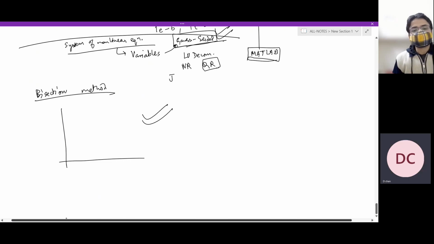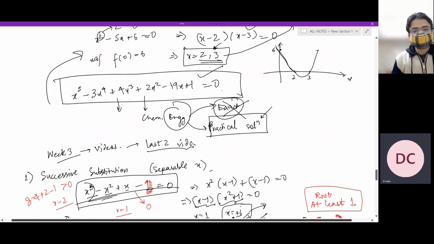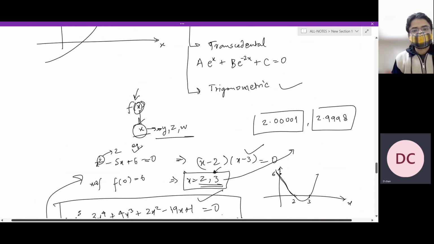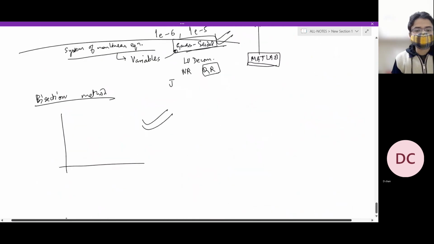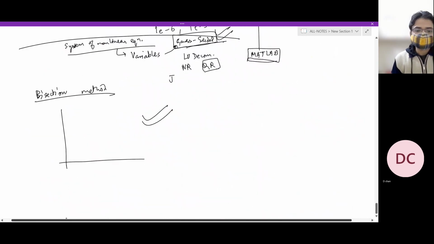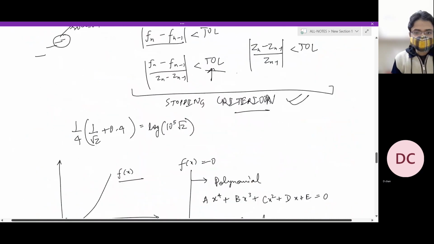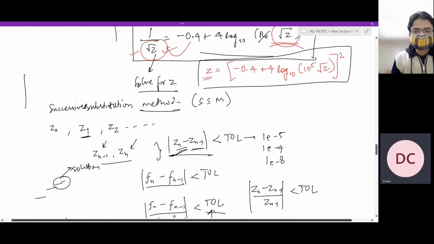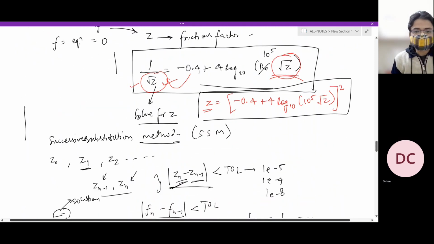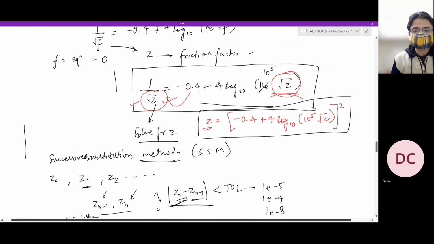The bisection method, Newton-Raphson method, successive substitution, secant method, I can do myself, sir. Okay, so we'll directly jump into the problem, because this session is actually organized for problems. So we are expected to solve some good problems over here. So we'll do that.